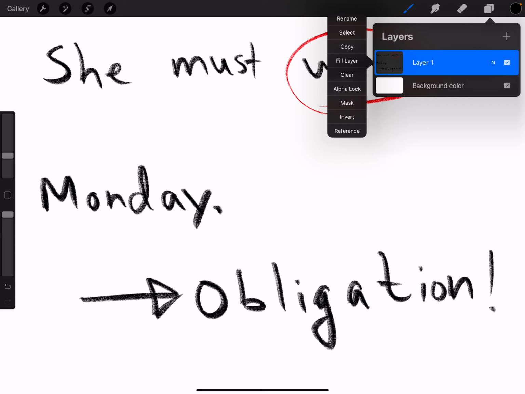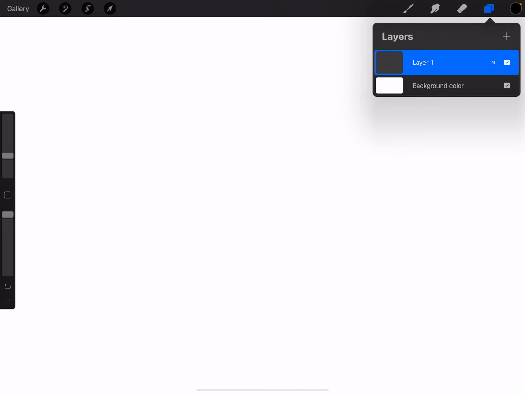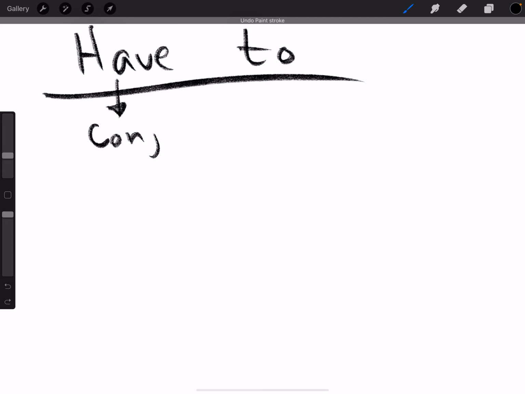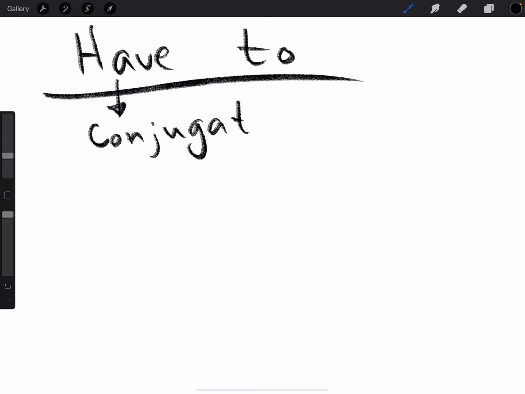Now, let's look at have to really quick. So as a reminder, the verb have, so you do have to conjugate the verb to have. Okay?